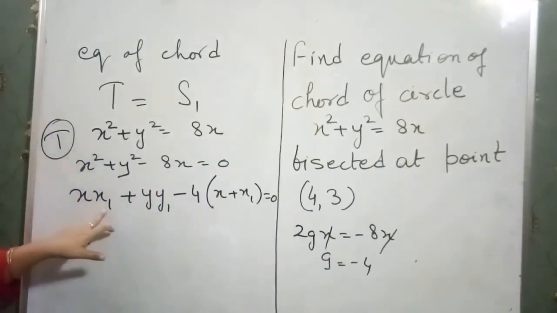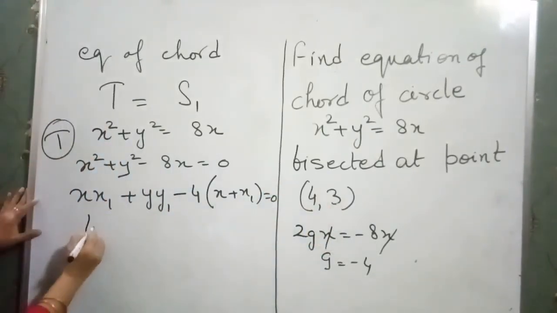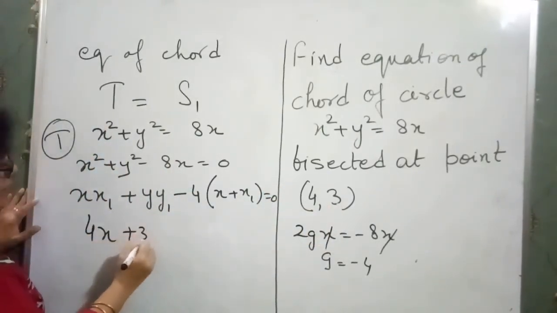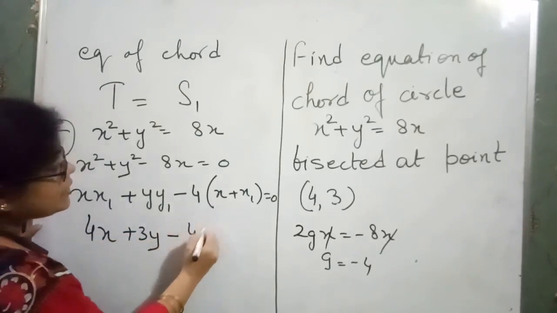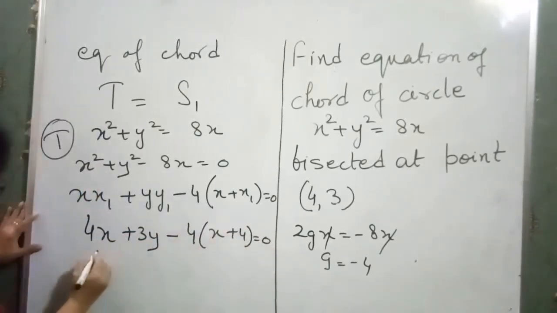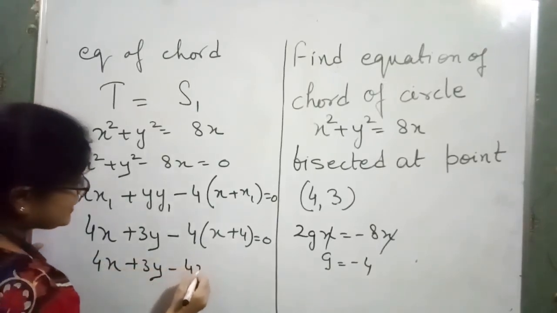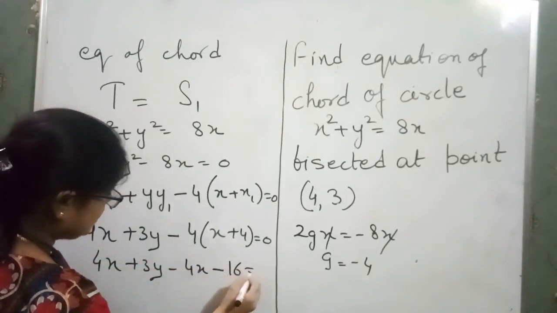Clear? Now put the values of x1 and y1 as 4, 3. Now we have 4x plus 3y minus 4(x plus 4). Clear? So now solve it. 4x plus 3y minus 4x minus 16 is equal to 0.